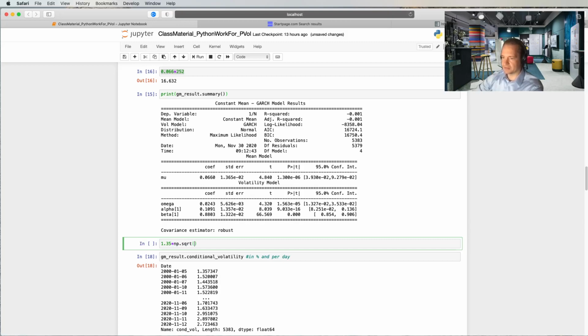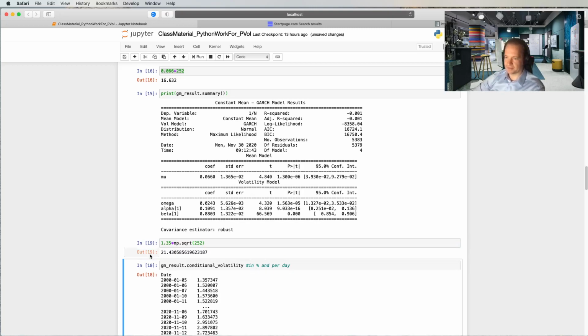The vol is annualized by the square root of 252, if we assume 252 trading days. Then you get an annualized volatility for the market of 21%, just like my rule of thumb: market volatility unconditionally is around 20%.